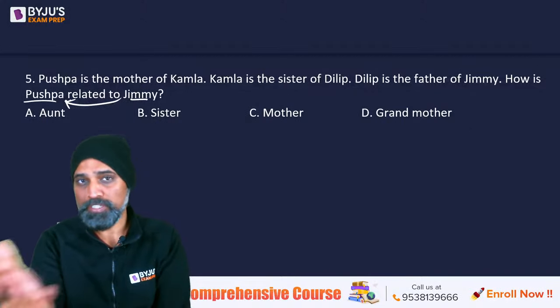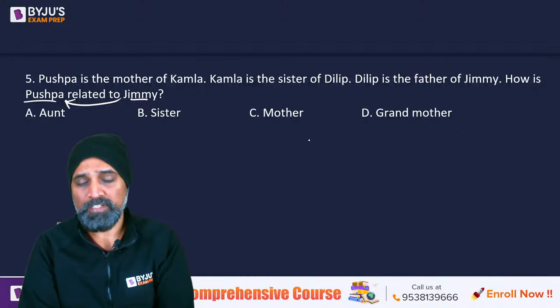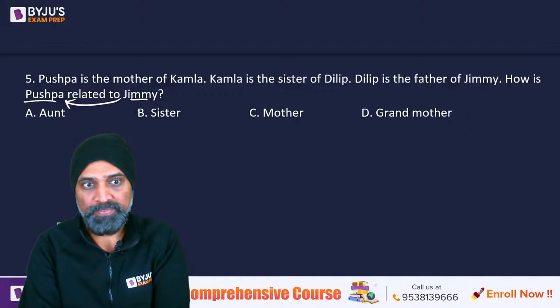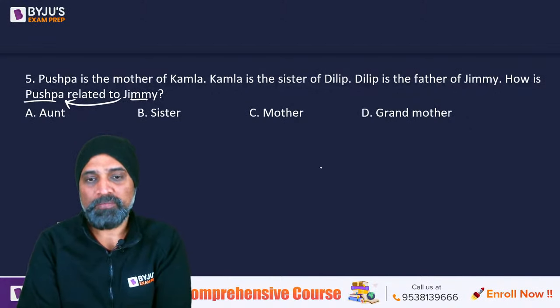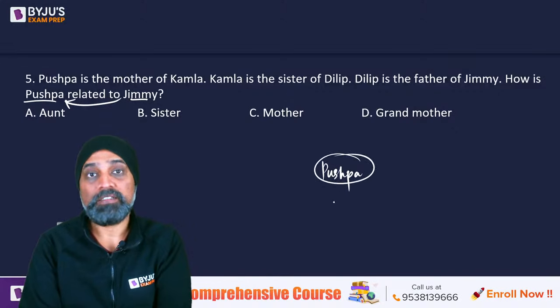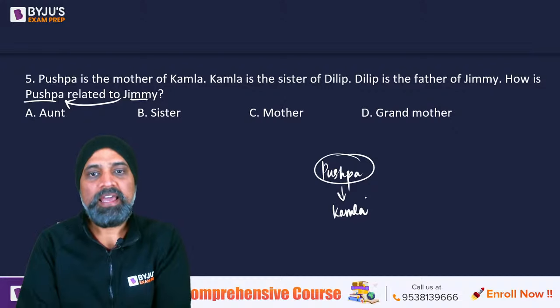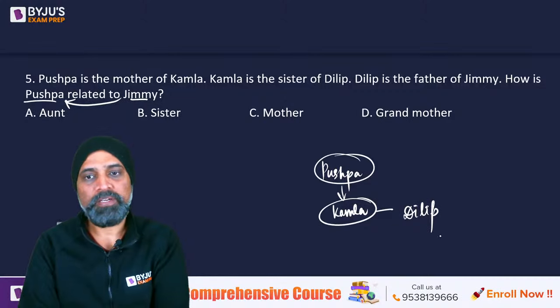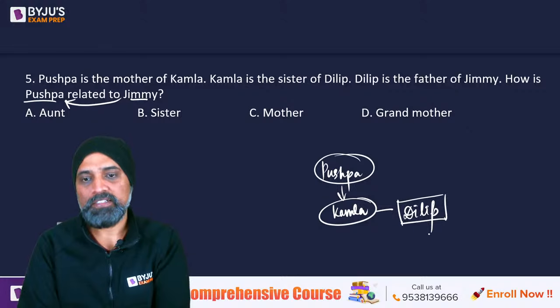So what we will do is we will draw the blood relations tree diagram. So Pushpa is the mother of Kamla. So we have Pushpa, and Pushpa is the mother of Kamla. So that tells us that Pushpa is female, and Kamla is the sister of Dilip. So that means Kamla is again a female. Then it says Dilip is the father of Jimmy.